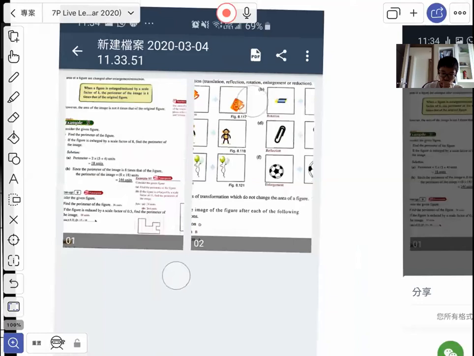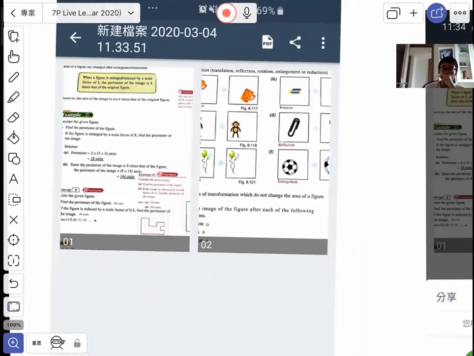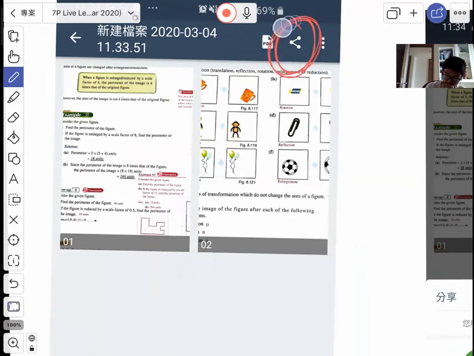After you take 2 photos, 3 photos, 4 photos with a few pages, I wish that you can combine them into one PDF document. Also, how do you combine it? You press this button. Sharing. Or if you use PDF usually, then you can see this button, PDF, as well.